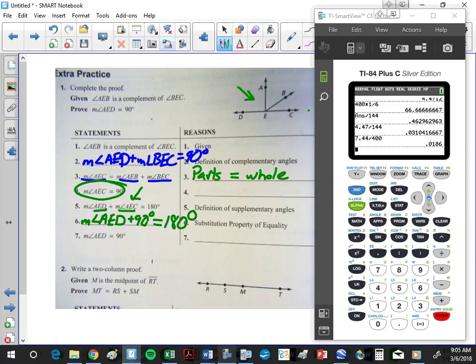Does that make sense? So what is the reason behind the last step? Subtract 90 from both sides. Exactly. So the explanation behind number 7 is subtract 90 degrees from both sides.